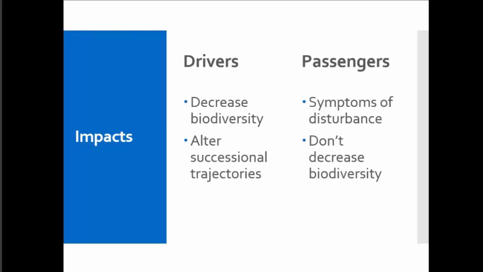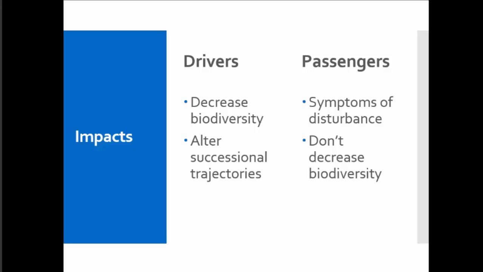So people generally describe the impacts of drivers and passengers as drivers directly decreasing biodiversity because they're directly competing with native species. In plant communities, drivers are also considered to alter successional trajectories. So if you're familiar with plant succession, the drivers can directly impact that.